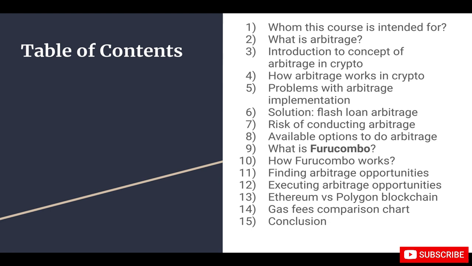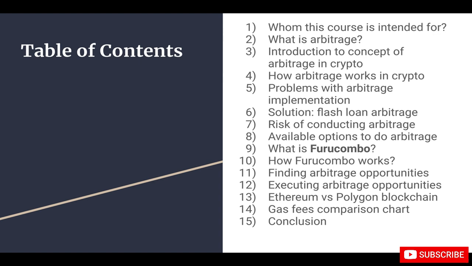And chapter number seven is going to be the risk of conducting arbitrage. After learning about all the problems we might potentially face, and learning solutions, like how to solve those problems, or any alternative plan to overcome them, okay, we got it now.